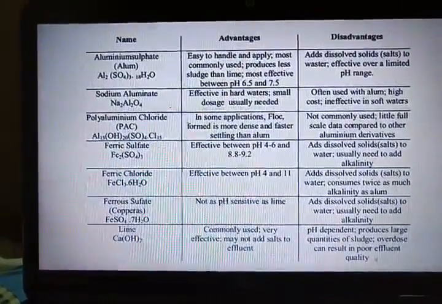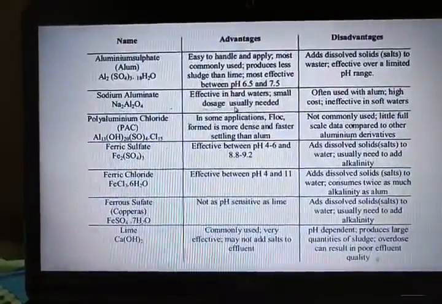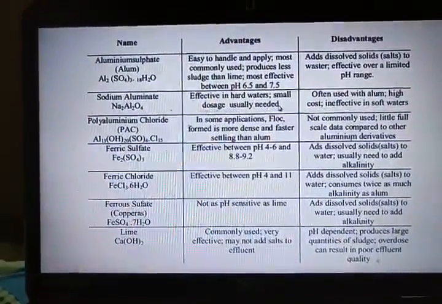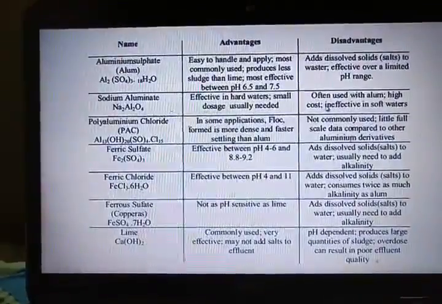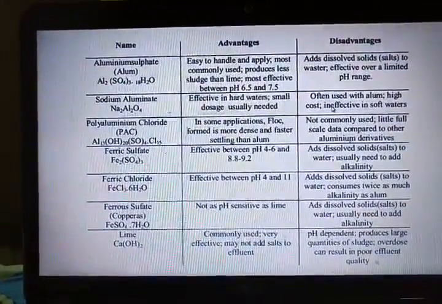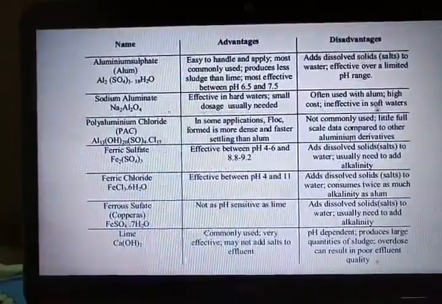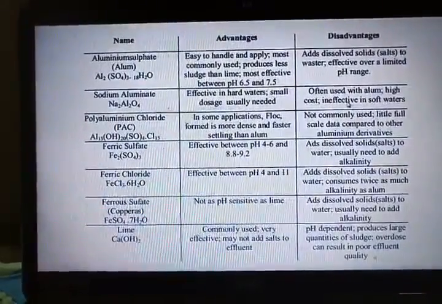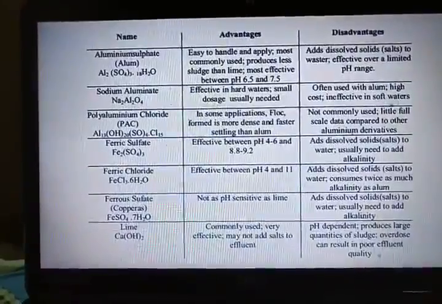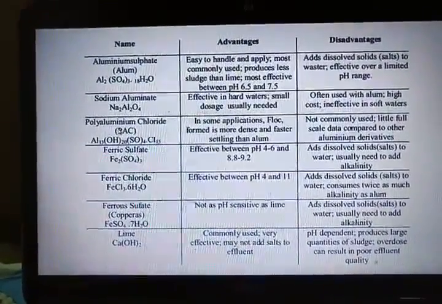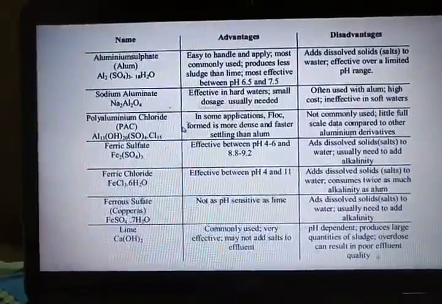Sodium aluminate is effective in the treatment of hard water and a very small dosage is required. The disadvantage is that it is often used with alum, so its cost is high, and it is ineffective in soft waters.